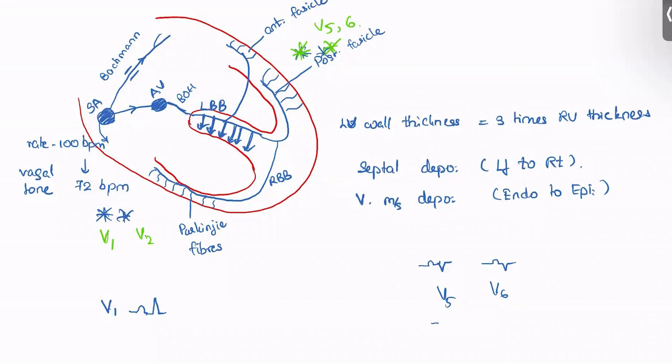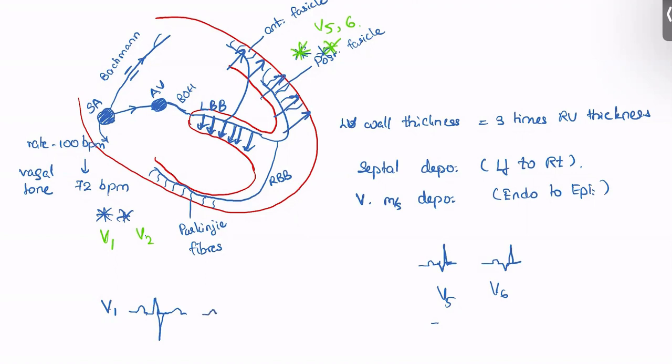But the left ventricular mass is bigger than the right, so it obscures the right. The net ventricular depolarization is in this direction, because left is bigger. So in V1 and V2 it is a negative deflection, and for V5 and V6 it is towards the electrode, so a positive deflection.